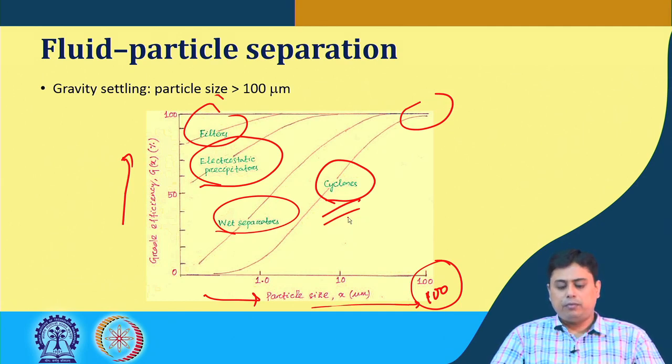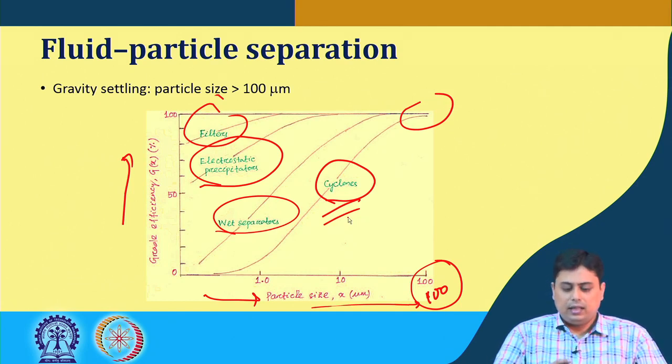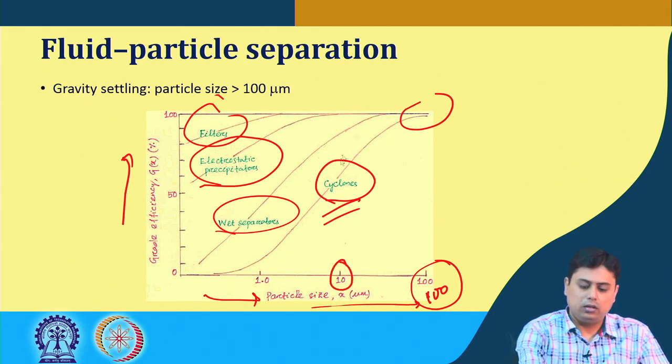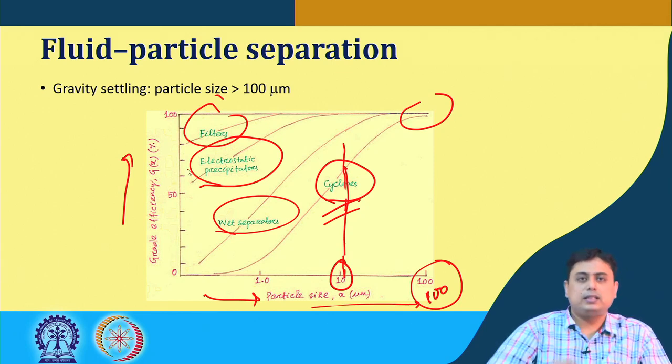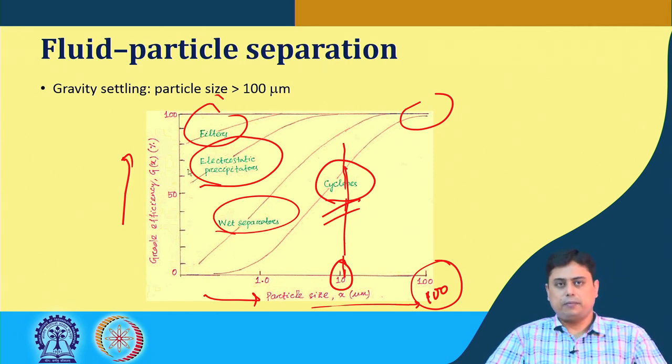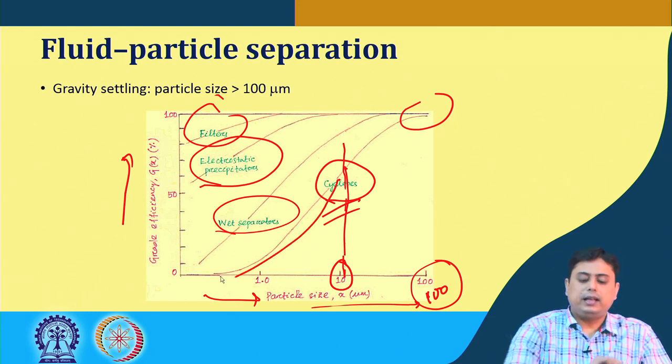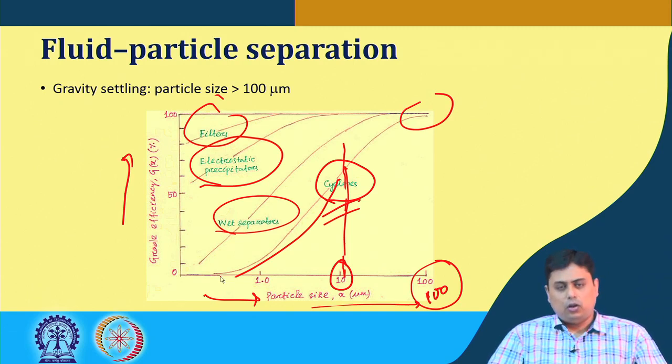Another interesting point from this schematic is that at 10 micron the separation efficiency is somewhat more than 60% or 70%, but below that it is not that efficient. So, the cyclone separator works well above 10 micron and below 100 micron particle size.